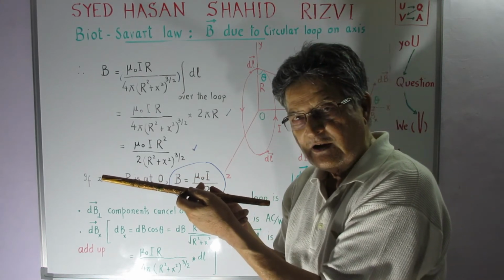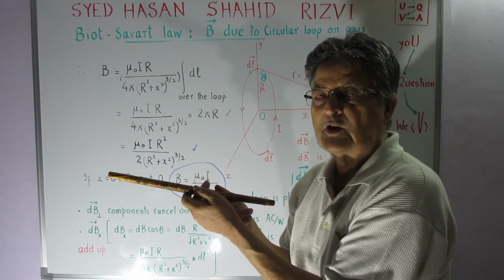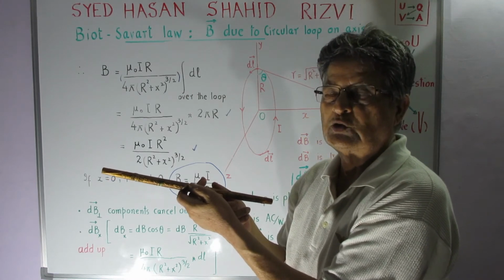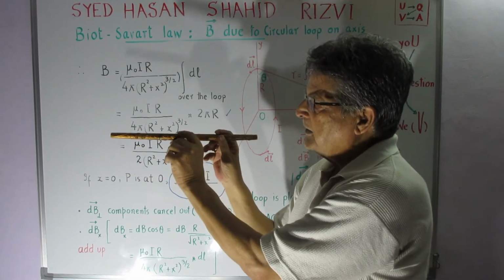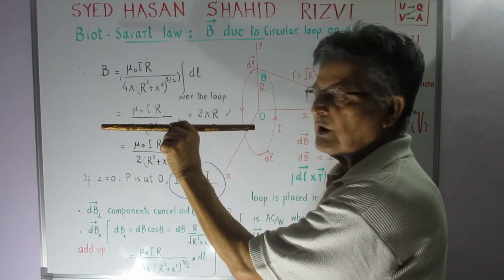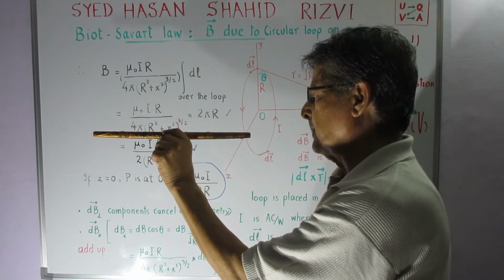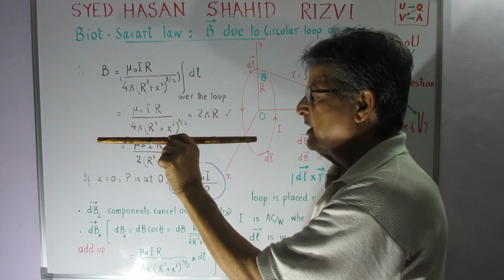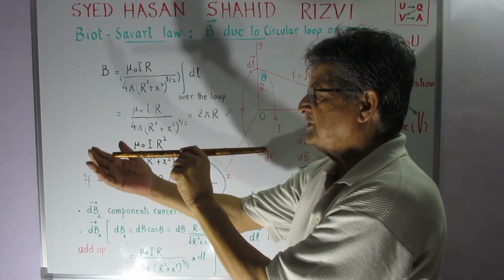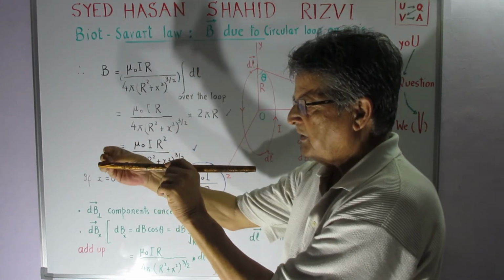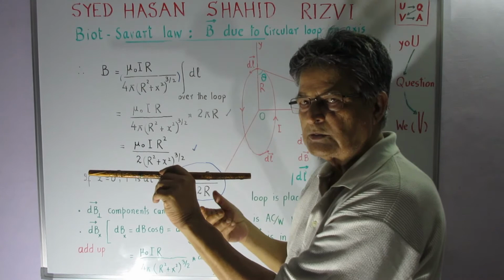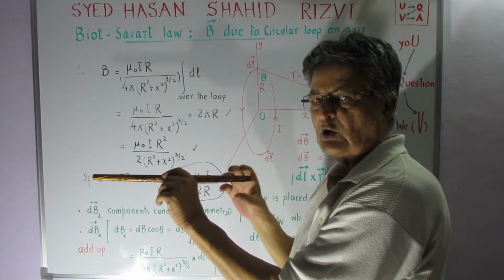Lines of field go from the north pole to the south pole. So if you ask, in the first instance, an average student who is not very conscious about it will say that this is the north pole and this is the south pole, because lines of field come from the north pole and travel towards the south pole.